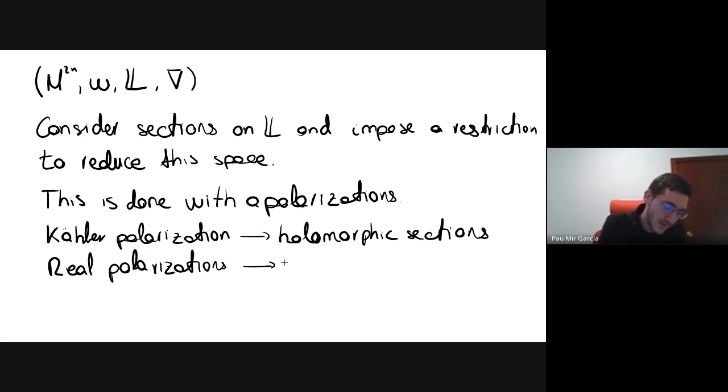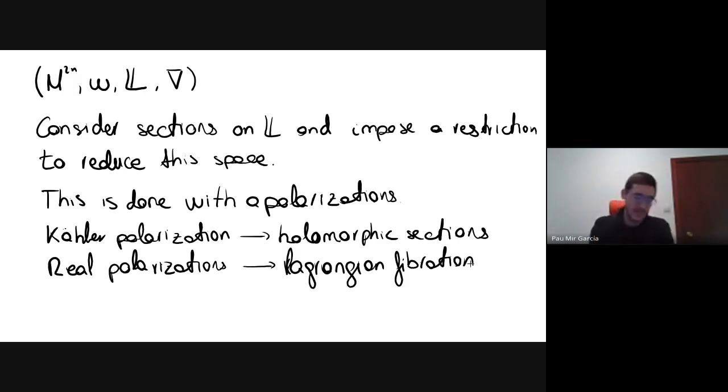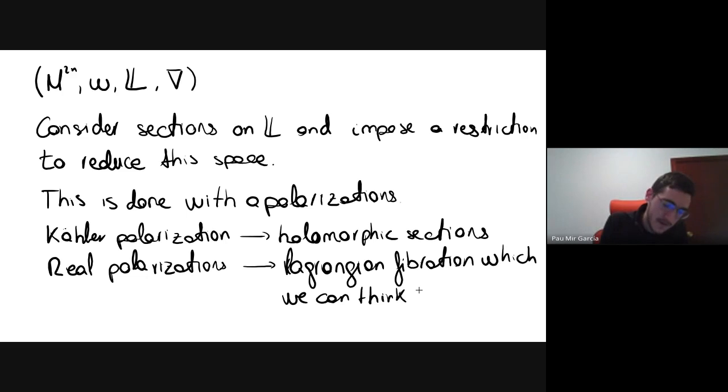So we will end up with a Lagrangian fibration which we can think is given by an integrable system, for instance.